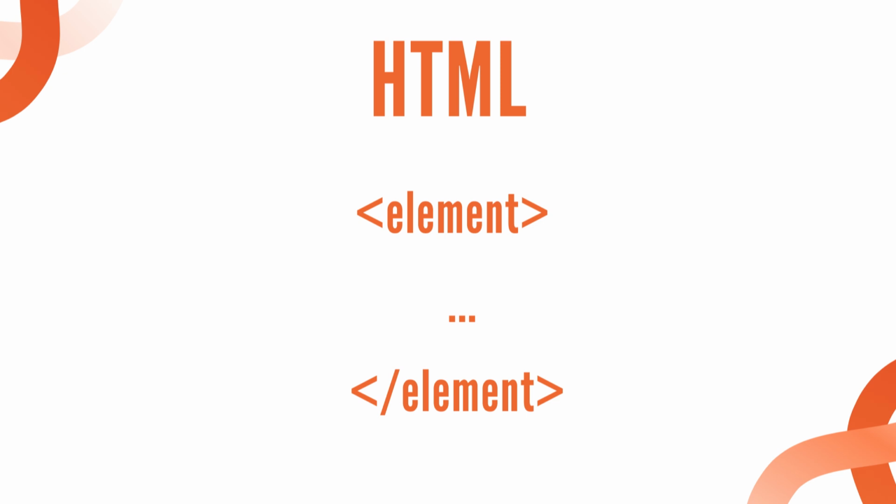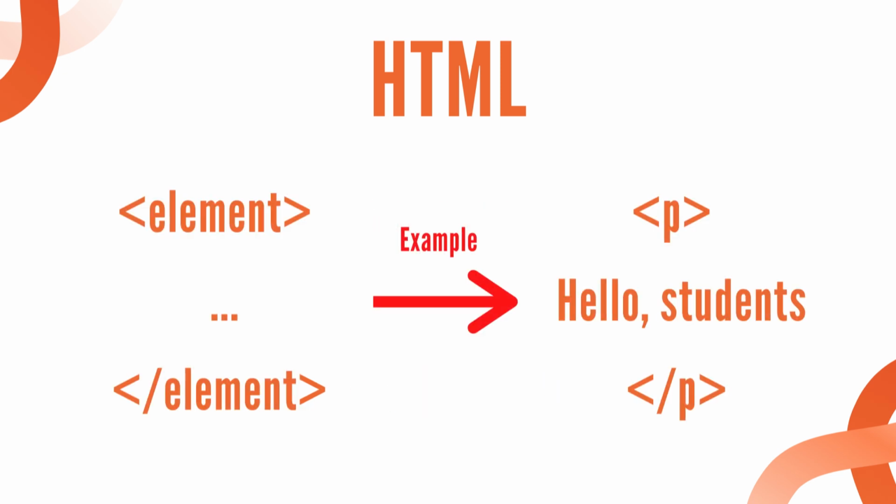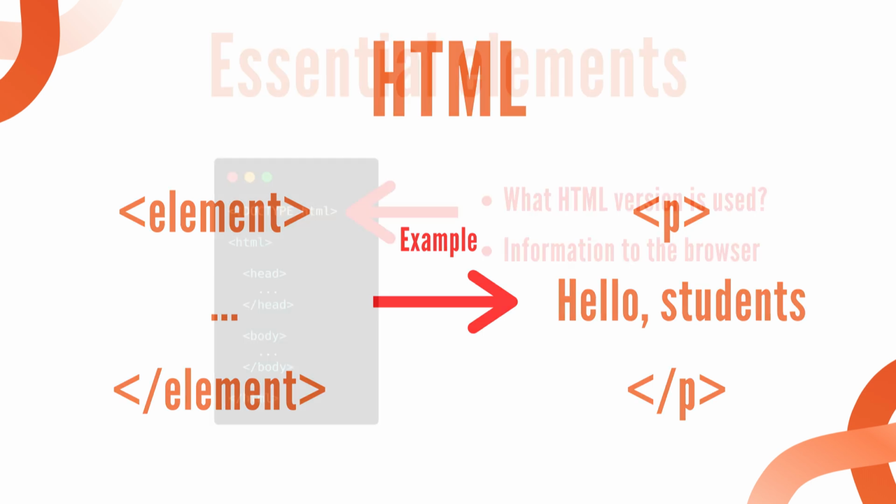Then you write all your content within your element, right after the angle bracket, and then finally you close that element with a left angle bracket followed by a forward slash, then the element name and the right angle bracket. So it would look something like this that you can see on your screen right now.